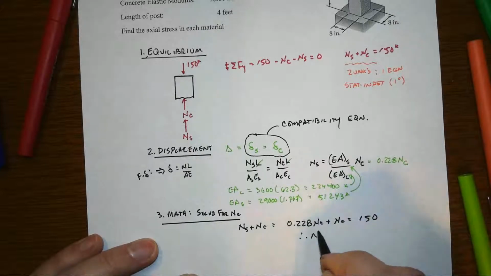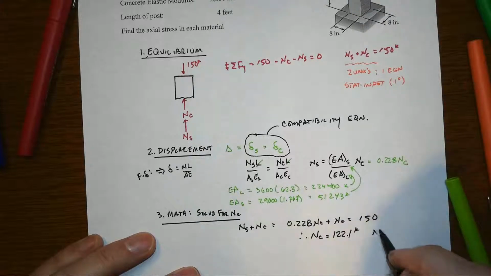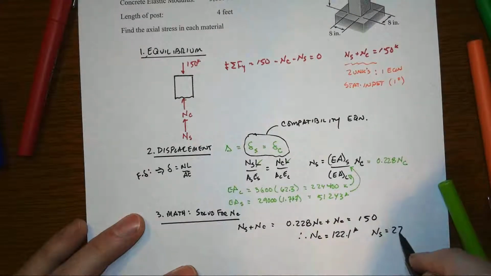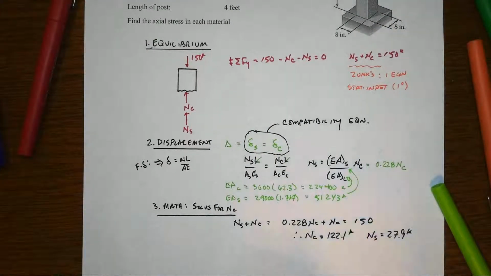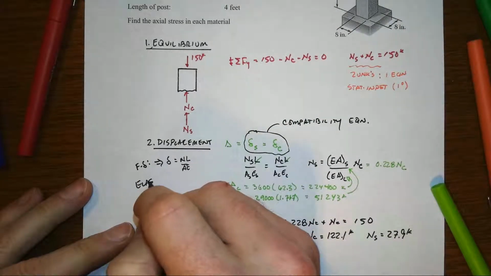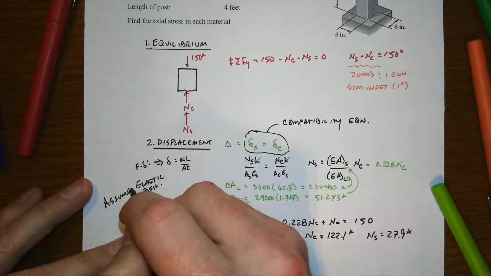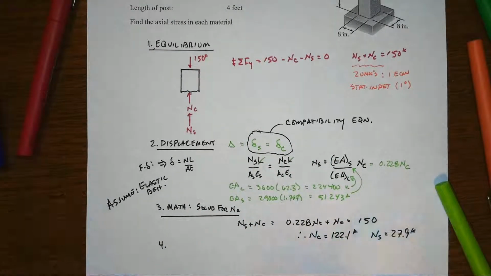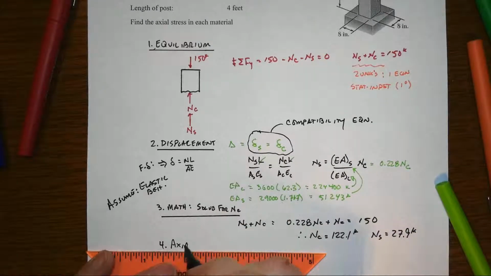So therefore, the force in the concrete is equal to 122.1 kips, and the force in the steel is going to end up being 27.9 kips. And we don't know yet if that's elastic or not, so that's along the way to making sure that our model is appropriate. That's elastic behavior that we're assuming, and so now we're going to check that as well as do our calculation for the axial stress and hope that it is all okay.